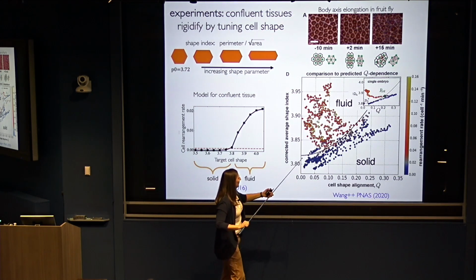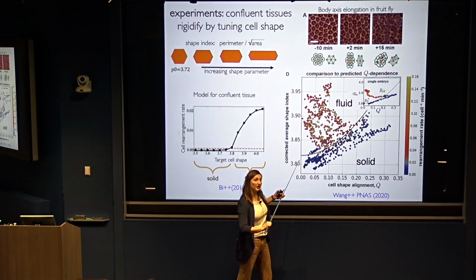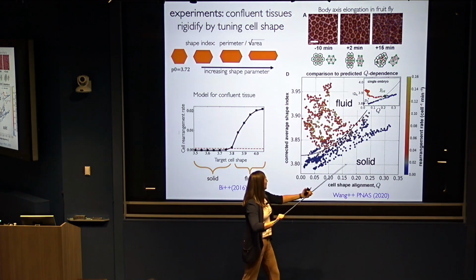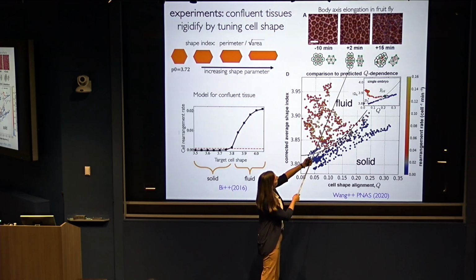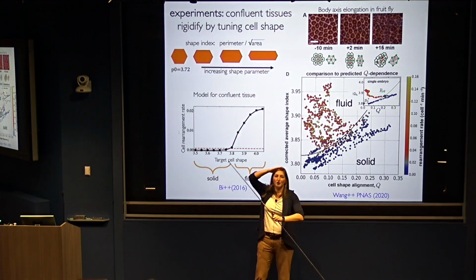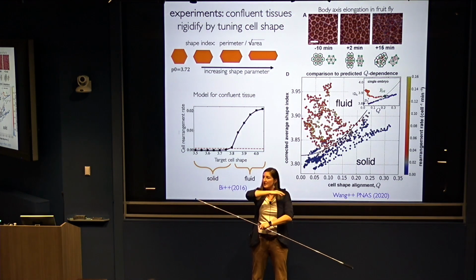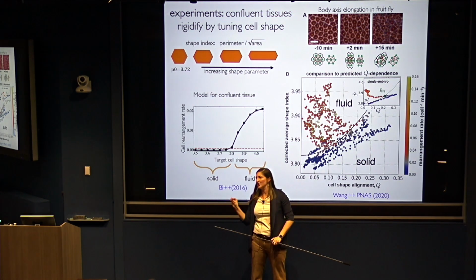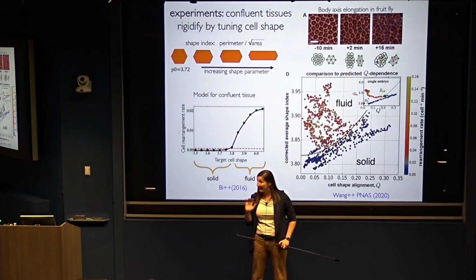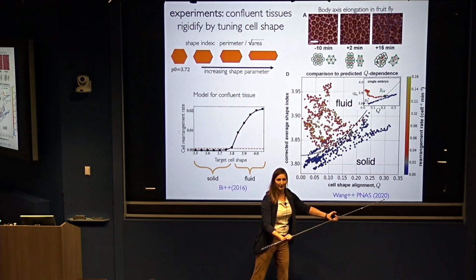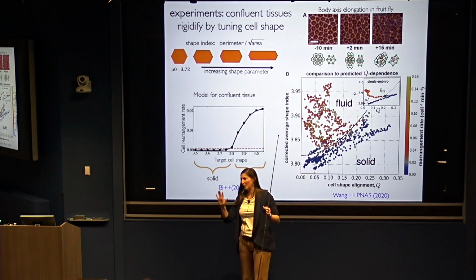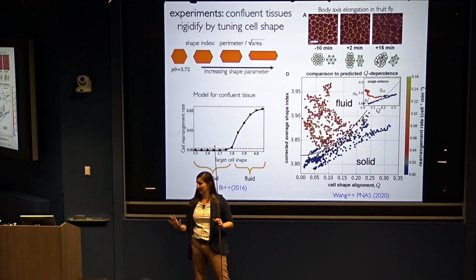And this black line is actually a theoretical prediction with no fit parameters for how this transition point between a solid and the fluid depends both on the shape, and it turns out that in the fruit fly, you have really strongly anisotropic forces. So we also need an additional number to describe, okay, for those of you who are experts, a nematic order parameter. So you can think of this axis basically as a nematic order parameter if you want, but it's just an additional parameter of shape that we know how to measure in vertex models.